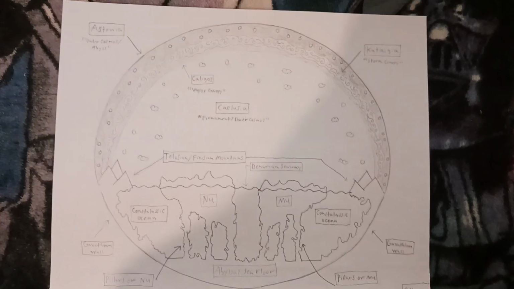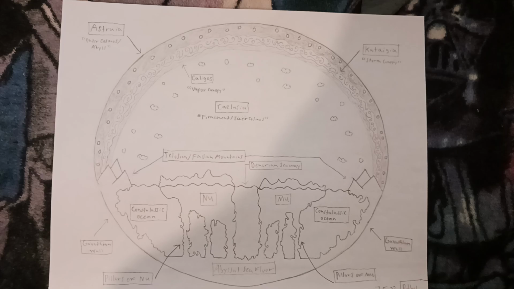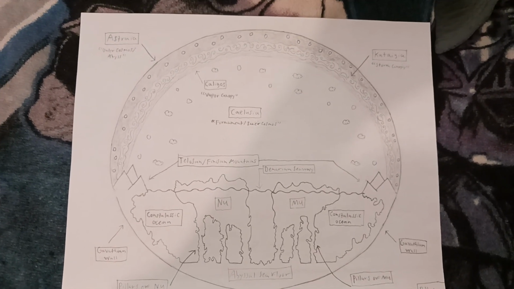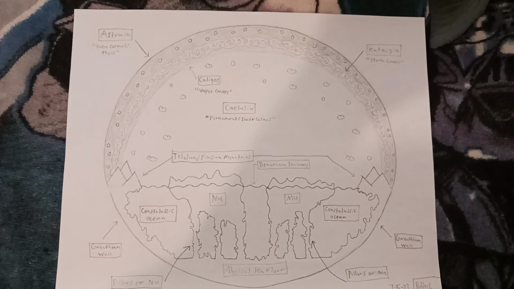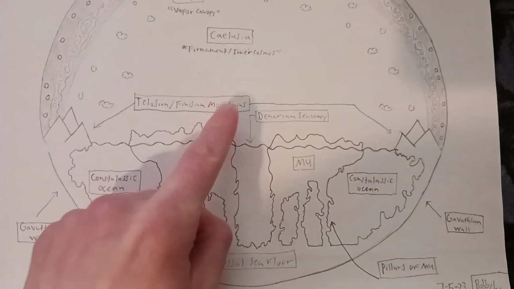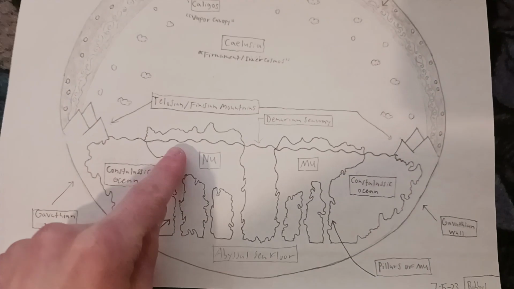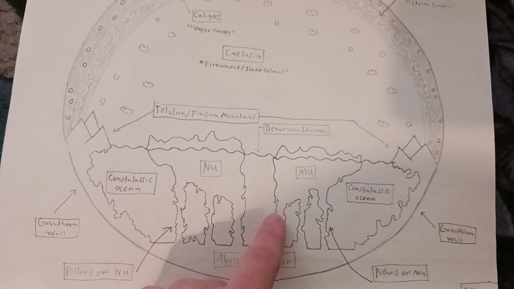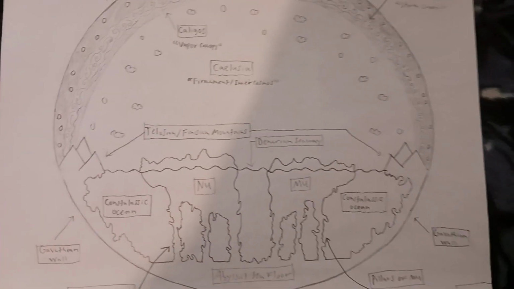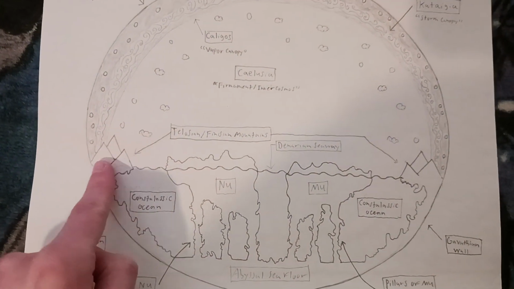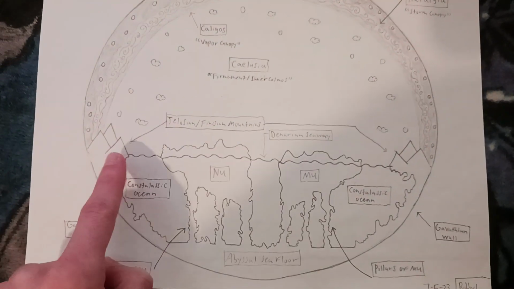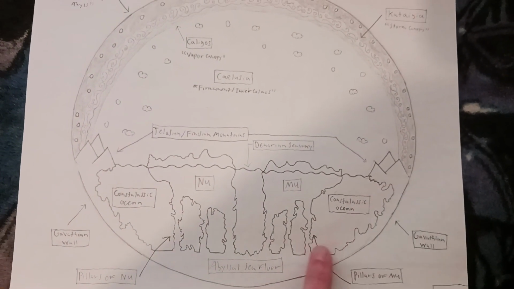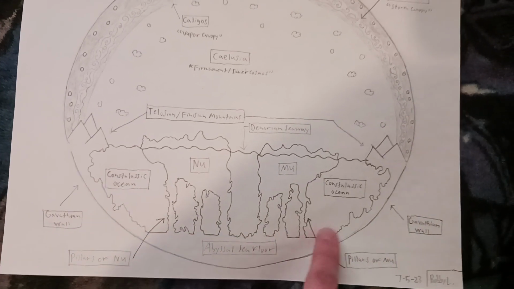This map is basically if you were to cut the world in half like a piece of cake. It gives you a deeper view into what the world of Lineaos actually is like. For example, the continents of Nu and Mu are suspended above the ocean by large rocky pillars, and the Telosian and Phoenician mountains are held up by a large rocky wall which slopes inward connecting to the seafloor.